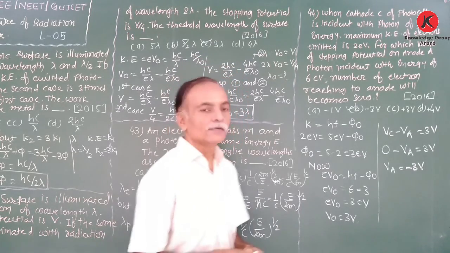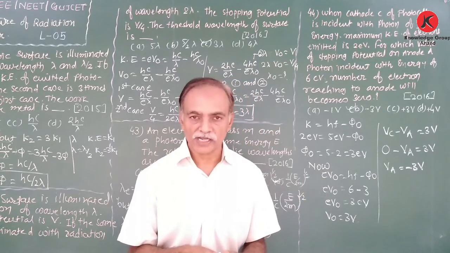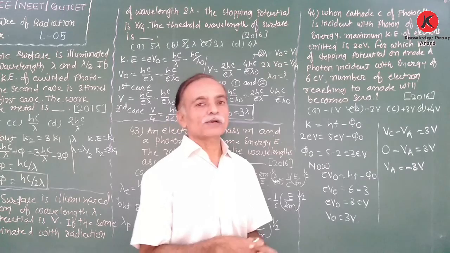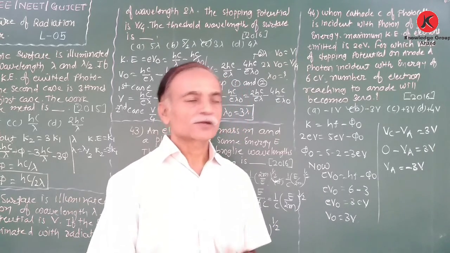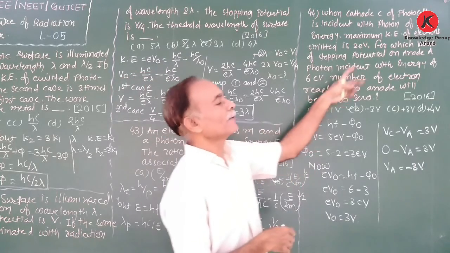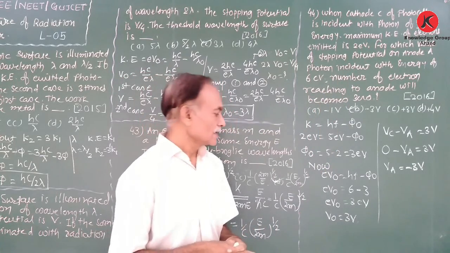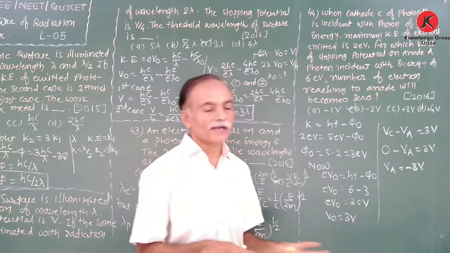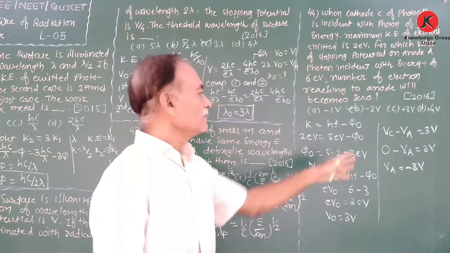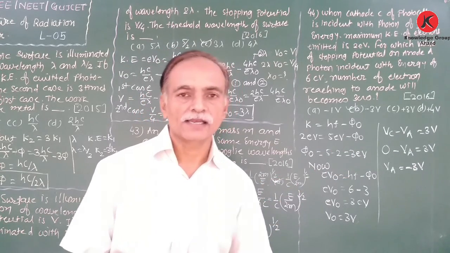At that time, first find out the value of stopping potential. After that, find the value of stopping potential on anode A to stop the electrons reaching the anode. Therefore, eV0 is equal to hf minus phi 0. We find V0 and then we find the potential on anode of a photocell.